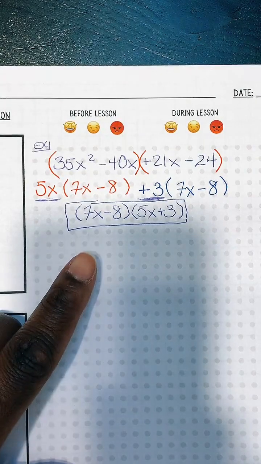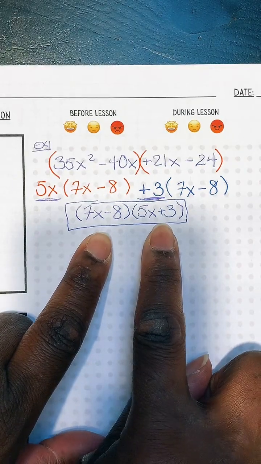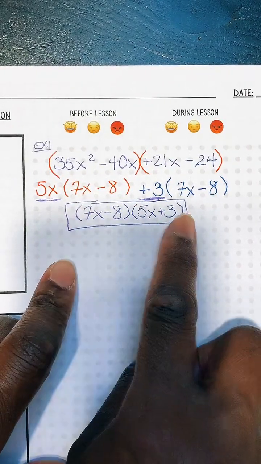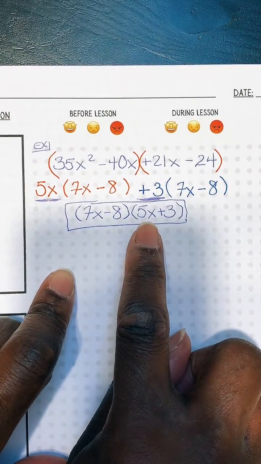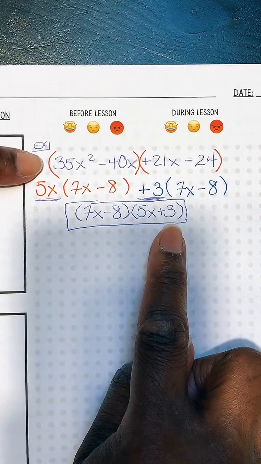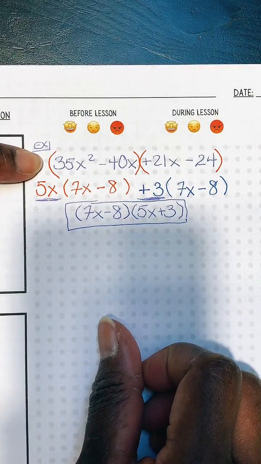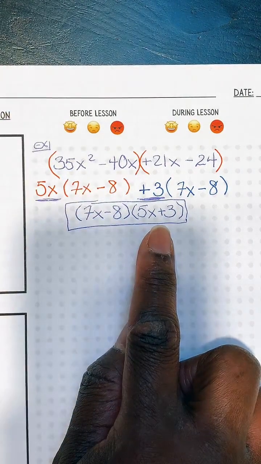Once they are at the final answer, you're not combining. You're not foiling. You're not distributing, because when you distribute, you're just basically going back to the original equation. So if they say factor, once you get your two parentheses, stop.